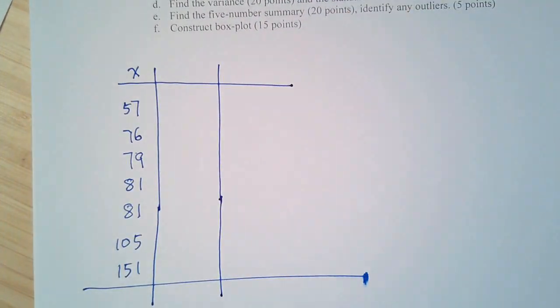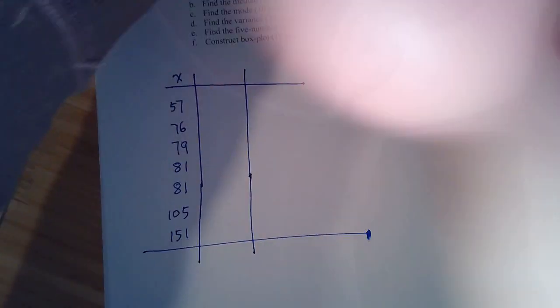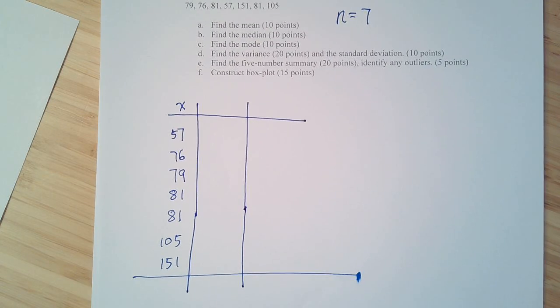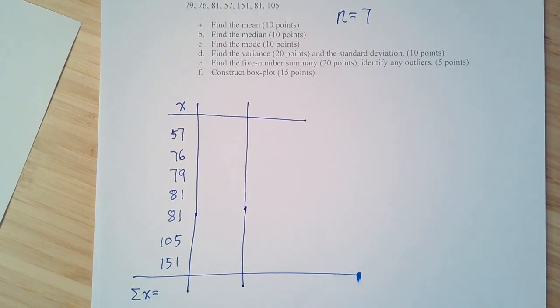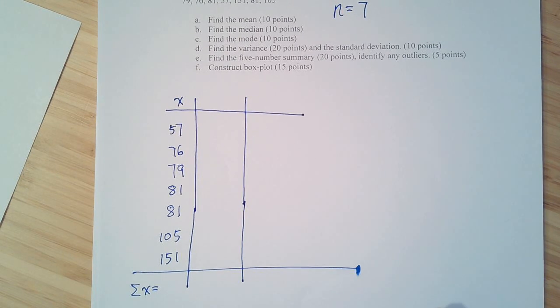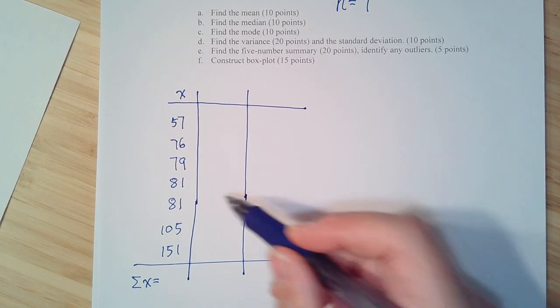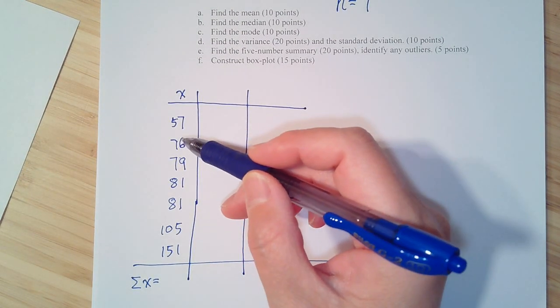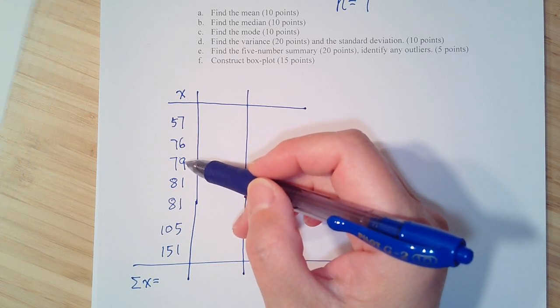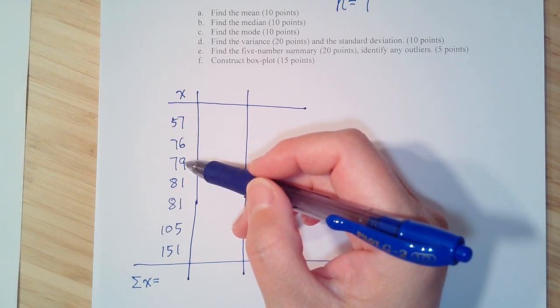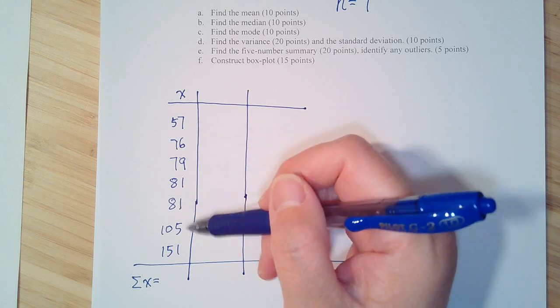In order to get the mean, I need to add them up. So the sum of x equals, now you will need to use a calculator. Of course, if you like, you can do this by hand. 57 plus 76 plus 79. Now you might want to take out your calculator to check your answer with mine. The sum is 630.